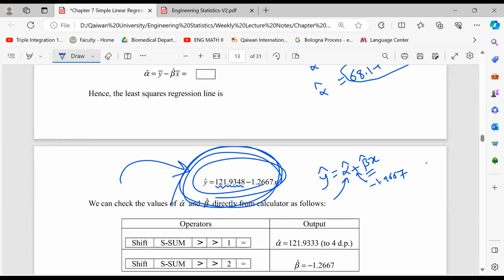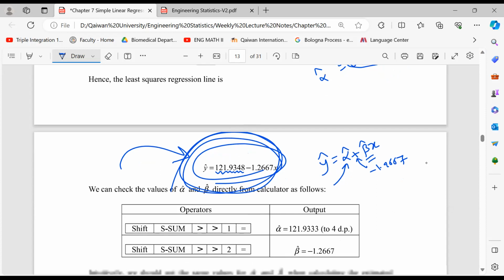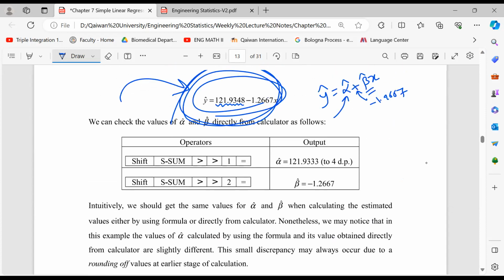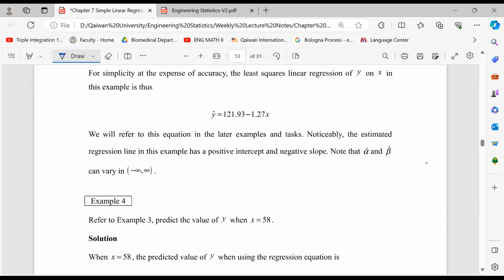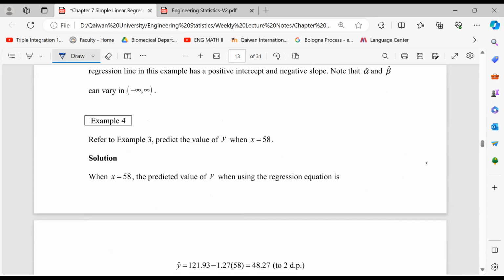So this equation is the required equation in this example. Let's skip this chapter. Anyway, if it asks for finding the equation of the linear regression, just do this. Okay? And be sure that you will see this during the final exam, okay?